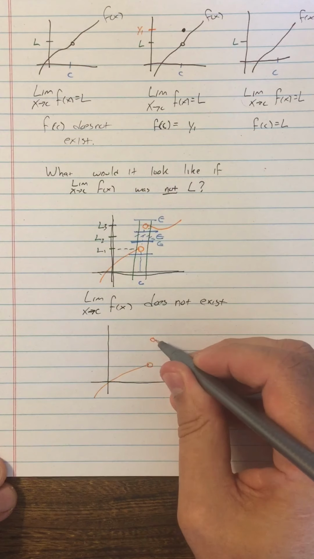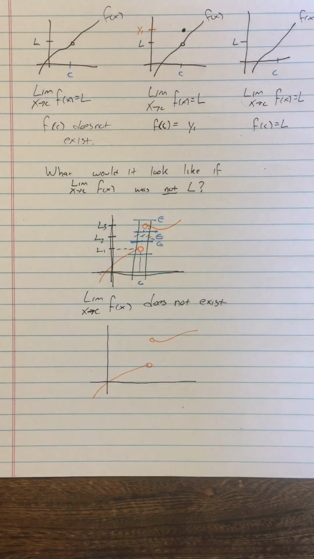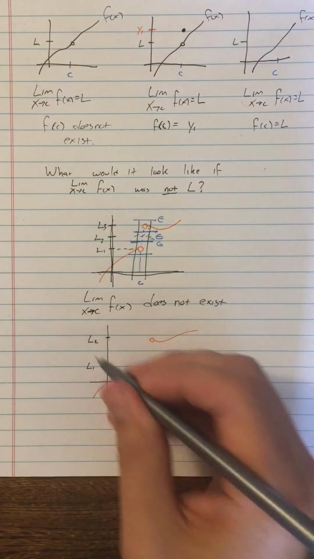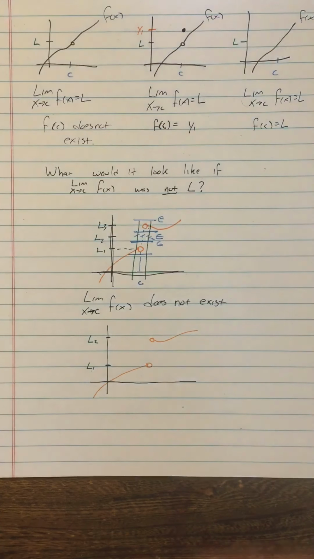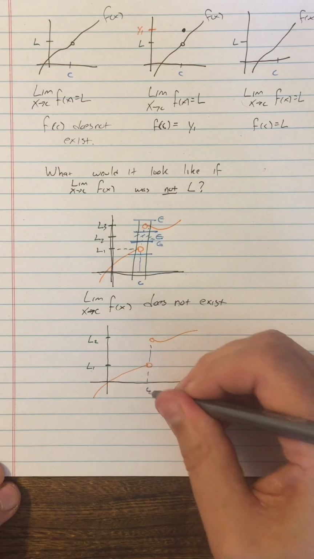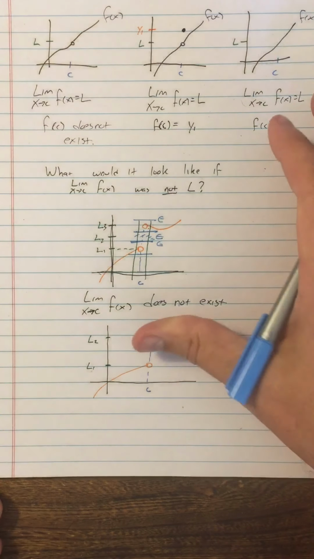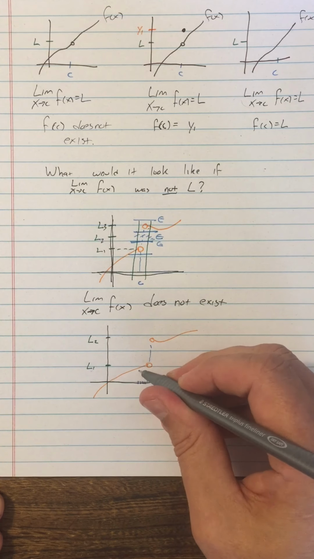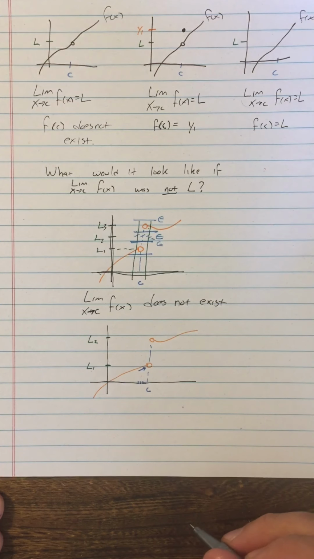So let's come back to this and label these L1 and L2. What we can say about the function at c is that if we ignore the parts on the right and only take x's that are coming in from the left, then the limit is L1.